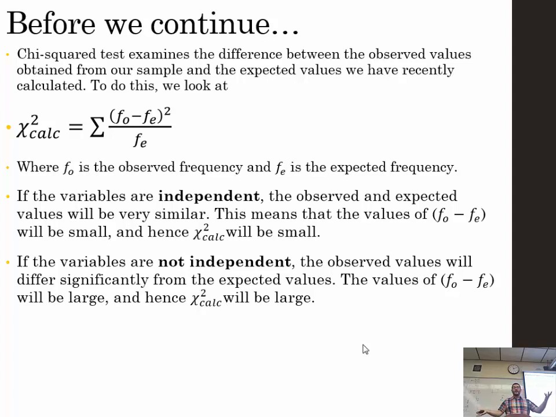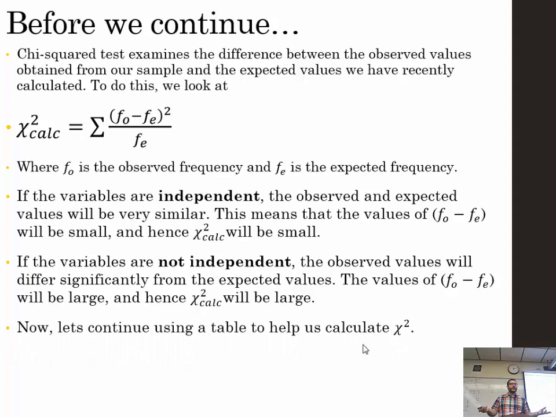I went out, I observed the values, they're way different than my expected values, and so we get a calculated value that's really large. That's really important to understand. So, if we're looking to see if they are dependent on each other, we want our calculated chi-squared value to be high. We want it to vary more. And that makes it dependent, or not independent.